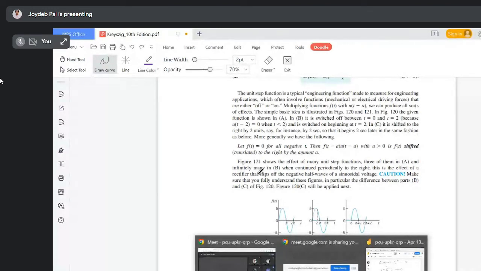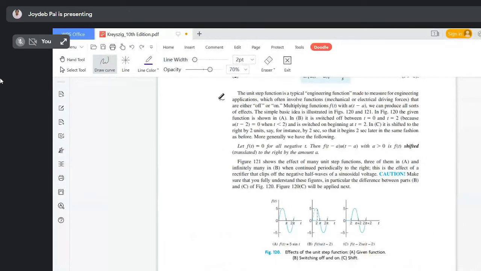Okay, so for better understanding, I suggest you read this paragraph. Read it again, what is it trying to say. Then you will realize about these three figures.